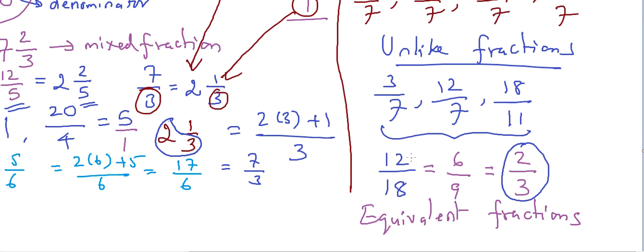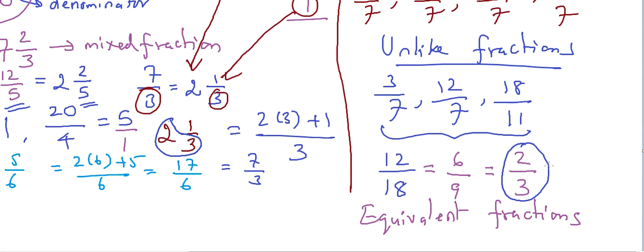Okay, so 12 by 18. When you are asked to reduce 12 by 18 to its lowest terms or simplest form, it becomes 2 by 3 because it cannot be reduced further. So how do we check whether it's in lowest form or not? If it's in lowest form, the numerator and denominator will form a co-prime pair.